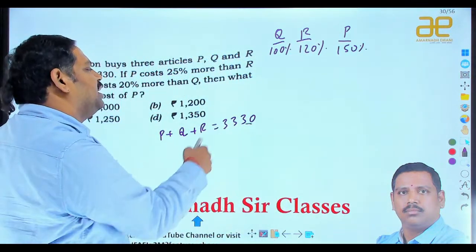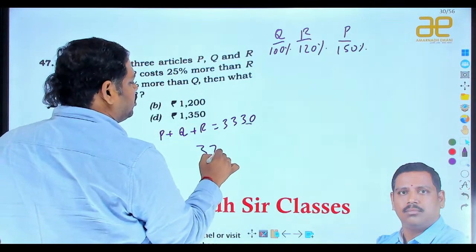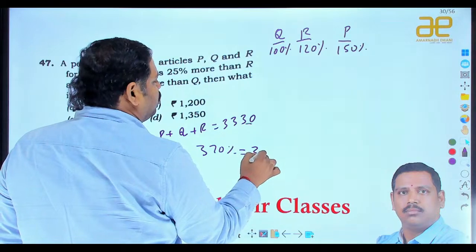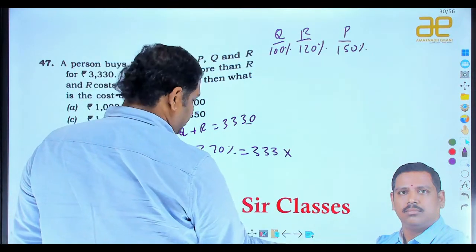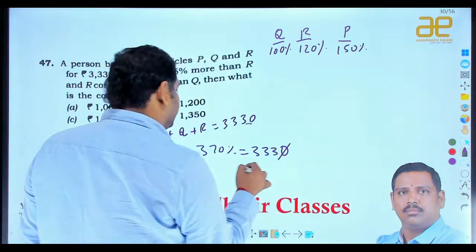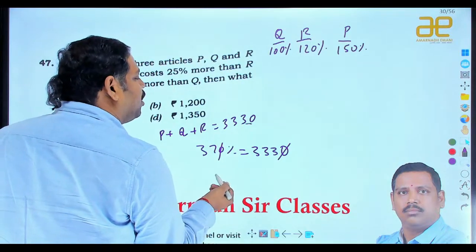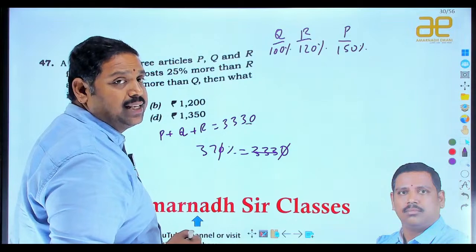So total is 3330, right? Total means add, it will be 370%, which equals 3330. Now 0 cancels. As I said already, 333 means all triplets are divisible by 3 and 37. In the first question only I said that.